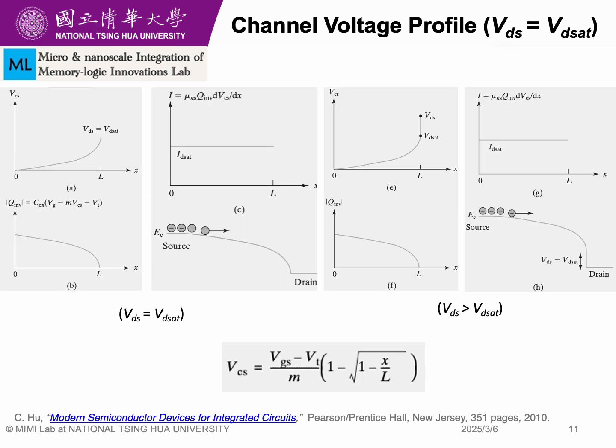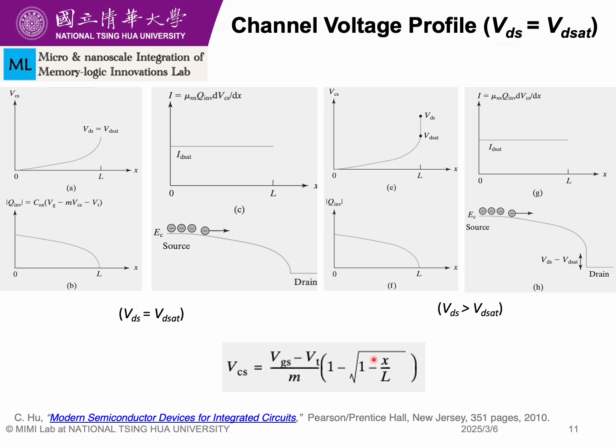Now this is the channel voltage profile at saturation, and this is also beyond saturation. So what are the key takeaways from here? The channel voltage profile is parabolic when VDS is equal to VDSat. It indicates a gradual increase in voltage from source to drain.